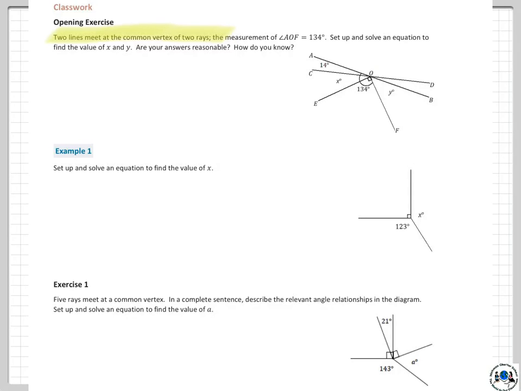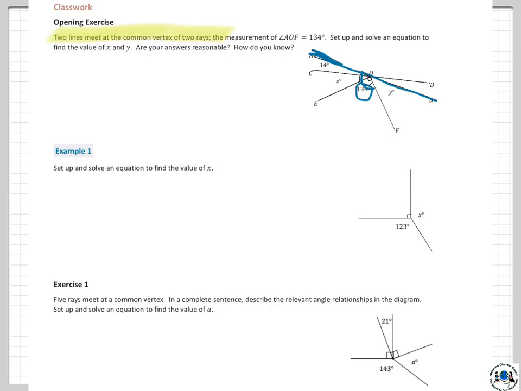What I do know is that all of this right here is 134 degrees. Actually, this is really quite easy, isn't it? And then this is just a line, so these are all angles on a line. Again, these are not supplementary angles, because supplementary angles are two angles that add up to 180, but angles on a line are also going to equal 180.